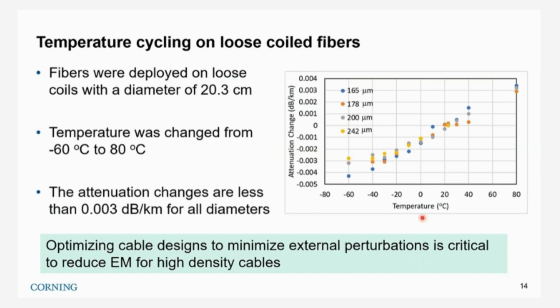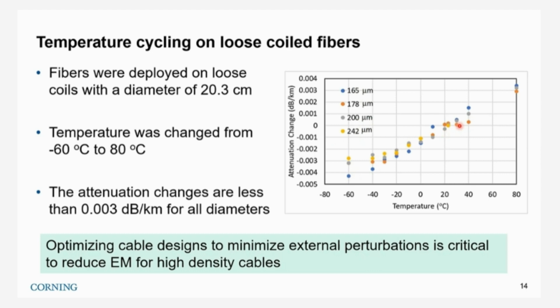And to show that, we did a loose coil fiber test. We used a loose coil diameter of 20.3 centimeter. Then we did temperature cycling, because in the cable, microbending happens most at lower temperature. From this temperature cycling on loose coil, you can see different coating diameters.